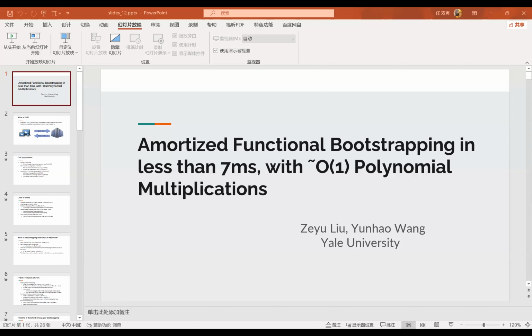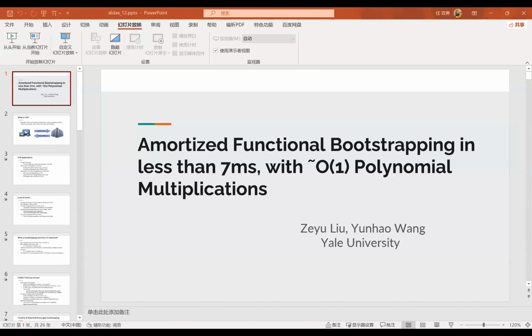Okay, so, oh, sorry. There's one common limitation of all these works I mentioned on this slide that I want to comment on: all these works have a runtime that's basically linear in the plaintext space. So if you want to do a function bootstrapping, the runtime is basically P if you have only log P bits for the plaintext space.